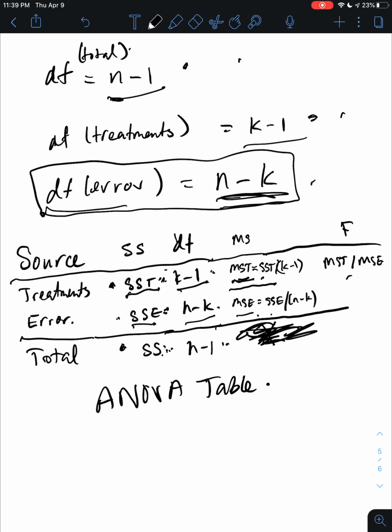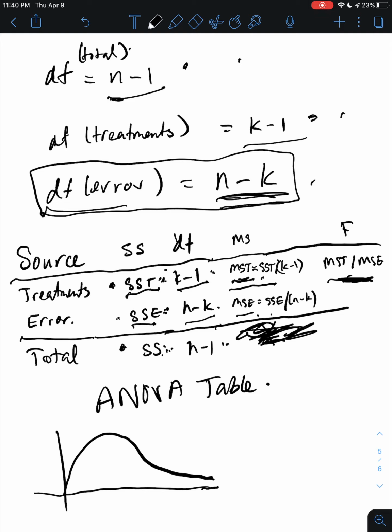Okay, anyway, what is the big deal here? The F is the big deal. F has a certain distribution. F has an F distribution. And this is just theory. We're not going to go into it, but it's something like the central limit theorem, although it's not the same.